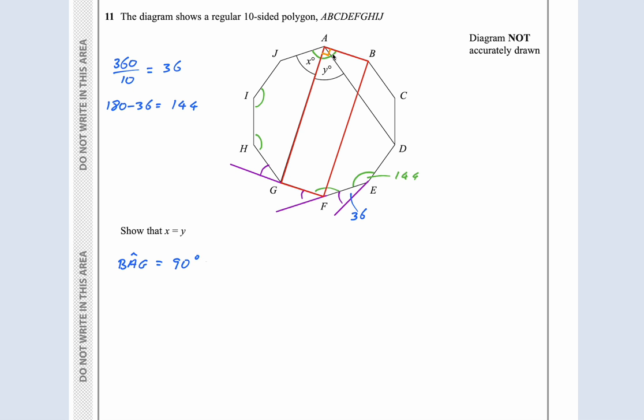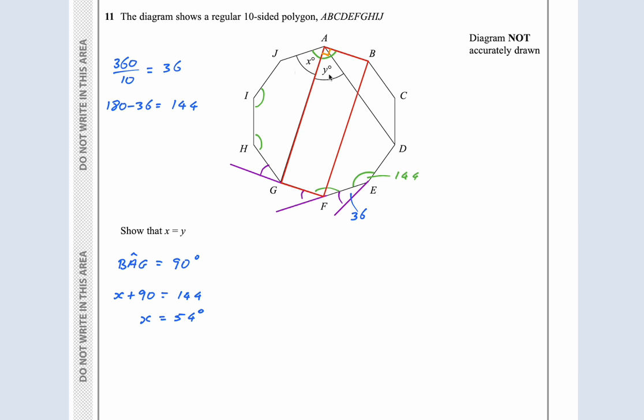Okay, now that means that x plus 90 has to equal 144, because x plus the right angle, this orange right angle, equals the green angle, which we know is 144. So x is equal to 54. Okay, great. Now x is 54.